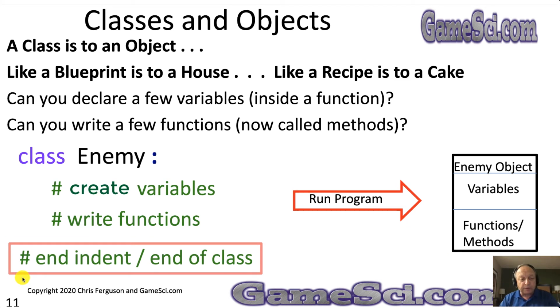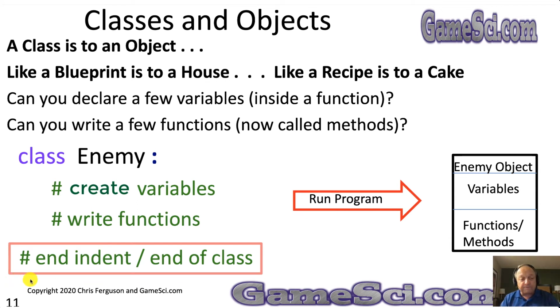I wrote a special line of code down here. This is the end of the indent. That will mark the end of the class. Python is very consistent. You indent when you're creating something. As soon as the indent stops, the class is over. And anything inside the class definition, meaning it's indented under the keyword class, will be part of your object.